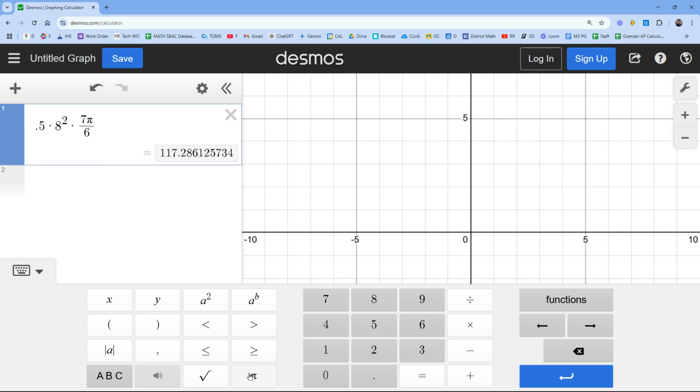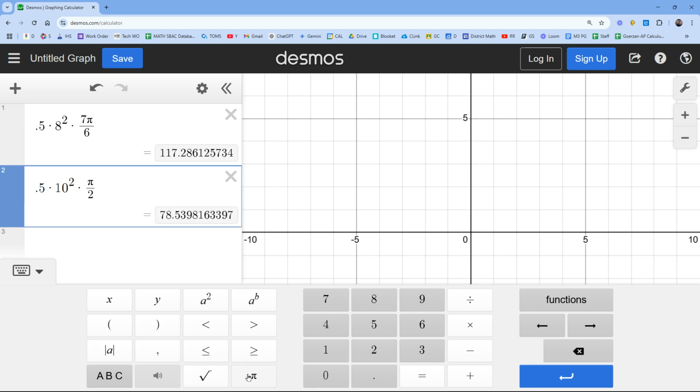So that's 117.3. If you look at number 28, again, the formula would be 1/2 times the radius, which is 10 squared, times the angle, which is pi over 2. And you get the answer 78.5.